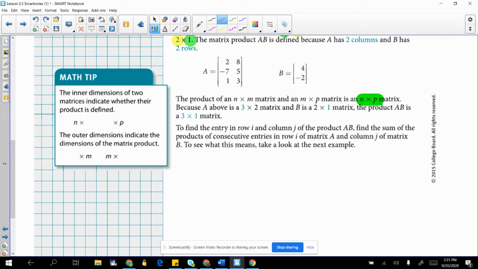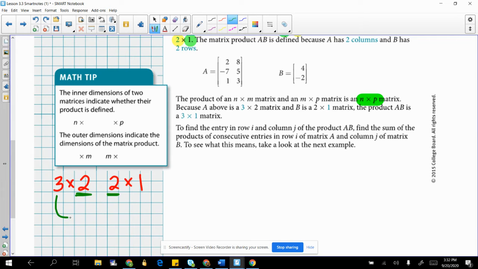Again, matrix A is a 3 by 2, and matrix B is a 2 by 1. So basically what has to happen here is that these inner numbers have to match. The 2's have to be the same there in the center.